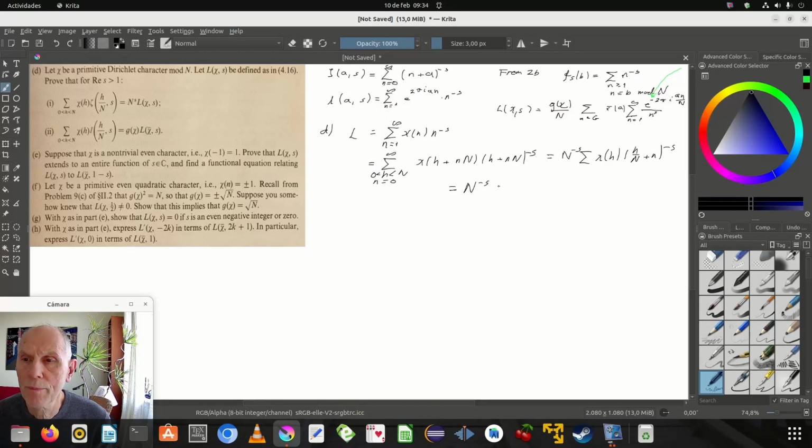Oops, the sum over h, zeta of h divided by n, point s, comma s, and that's what we have to prove.